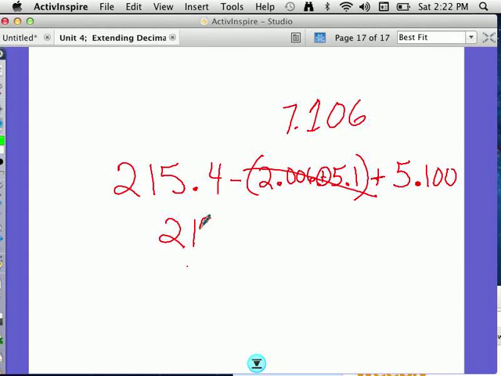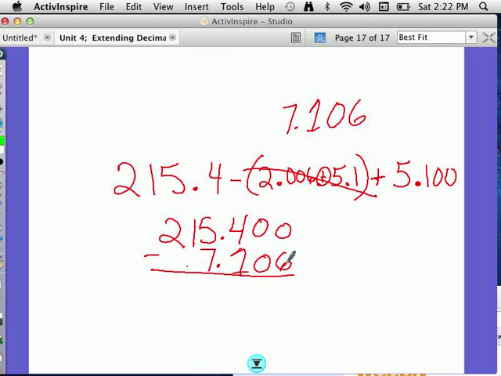I have 215 and 4/10, and I have 7 and 106/1000. Now, as stated earlier, I can add these zeros here, and it does not change the magnitude of my number, but remember, we can only do that after the decimal in those numbers.